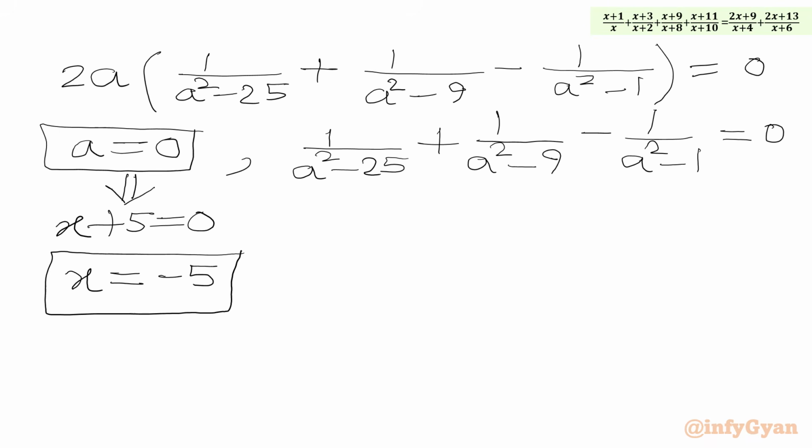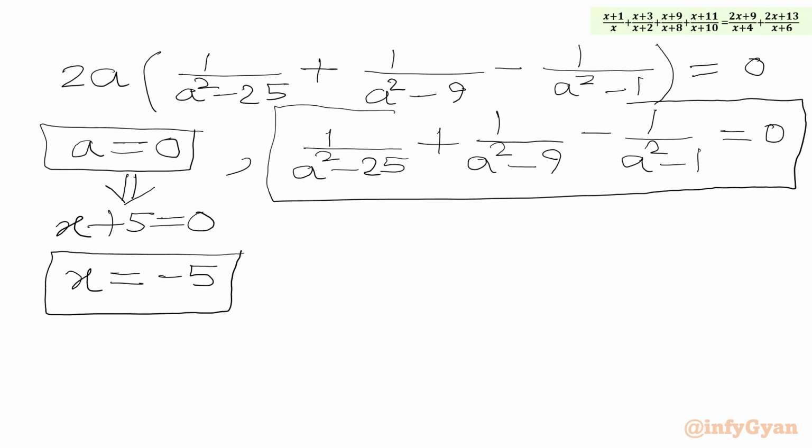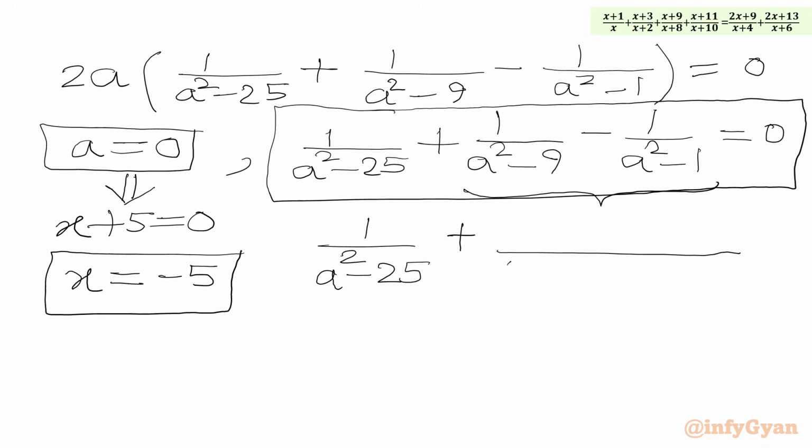Now the turn of this rational equation. I will simplify these two terms first. So I need to write here 1 over a square minus 25. Then I will take LCM. So I need to write here the product of a square minus 9 with a square minus 1.